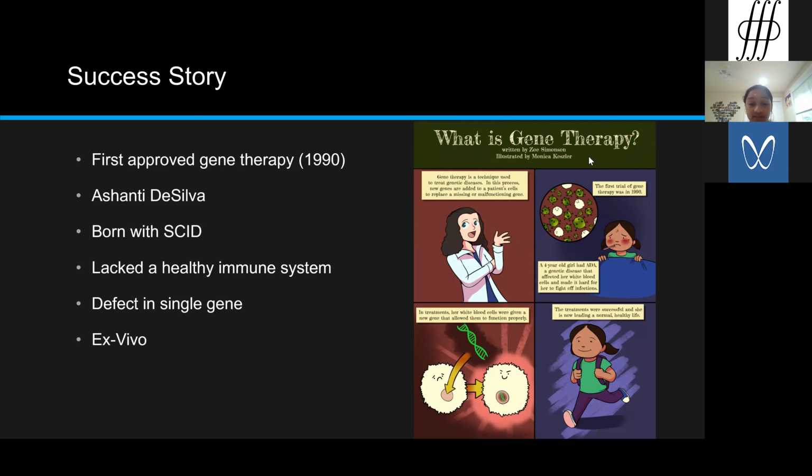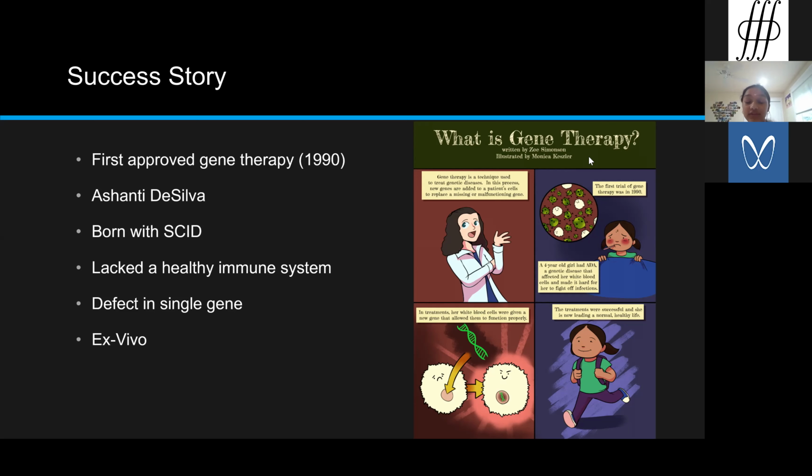So what the doctors did was they removed the white blood cells from her body, let the cells grow in the lab, inserted the missing genes into the cells, and infused the genetically modified blood cells back into her bloodstream. And this was really good because it strengthened her immune system by 40%.